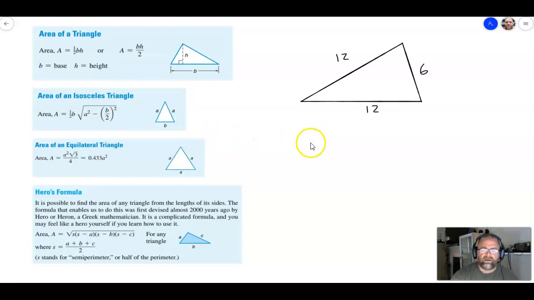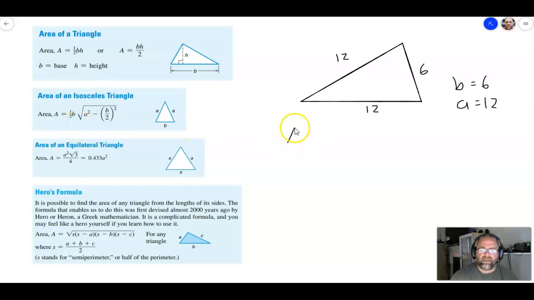All right, so first thing I want to do is identify B and A. Remember, B is the distance that only comes up once, so that's going to be 6 in this case. So B is equal to 6. And then my A is the distance that appears twice in this, so that would be 12. So I'm going to go into this formula here. I'm going to replace my A's with 12 and my B's with 6.